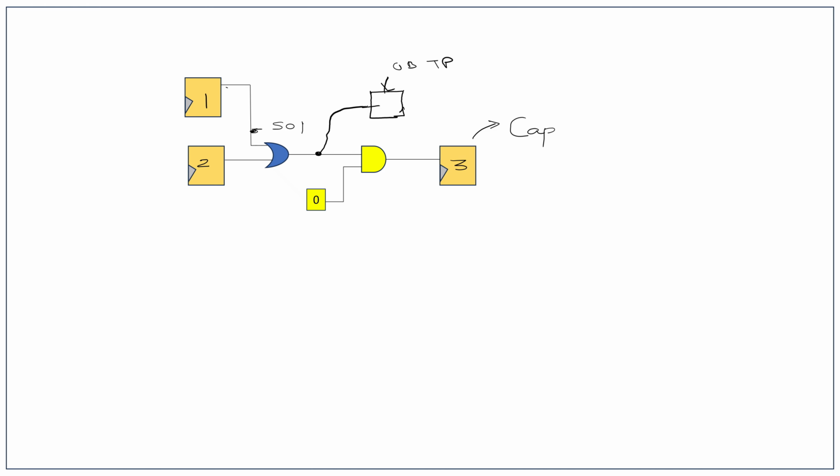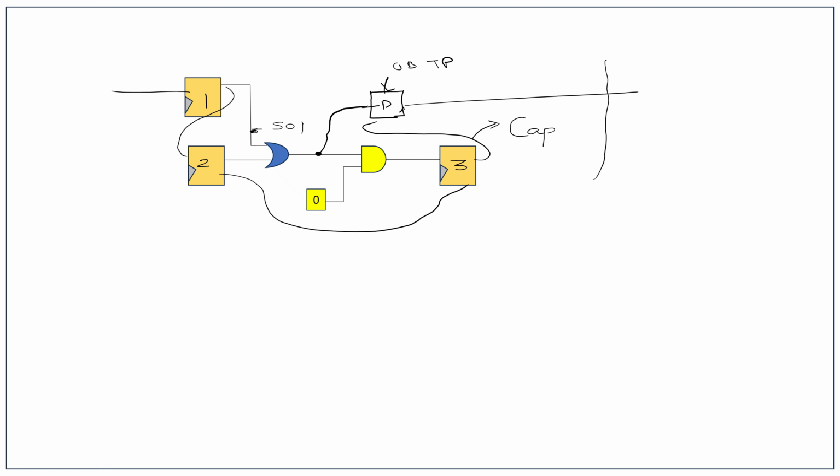Let's say the chain was stitched like this. I add another flop in the design whose D input is coming from this node, and this becomes a part of the chain, right? So eventually this was not a functional design flop.